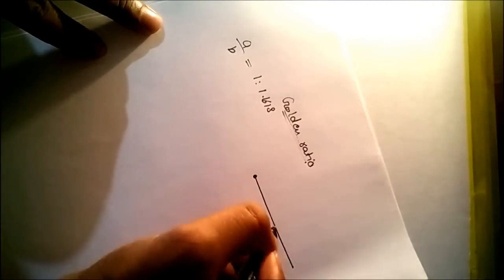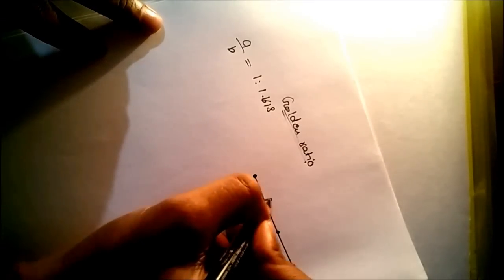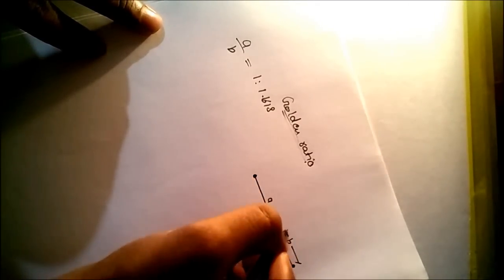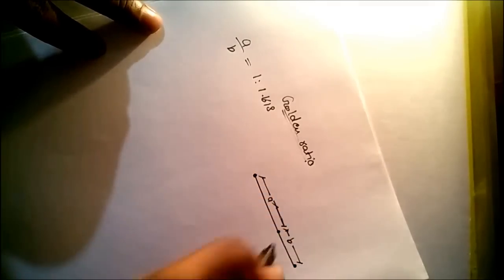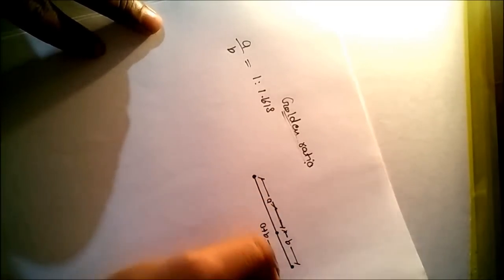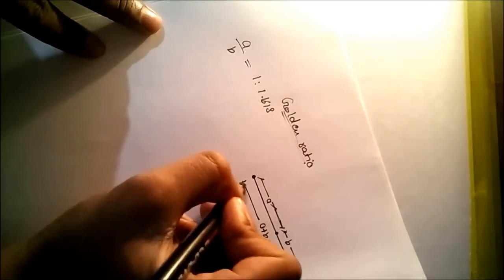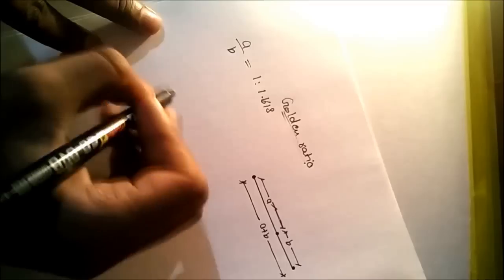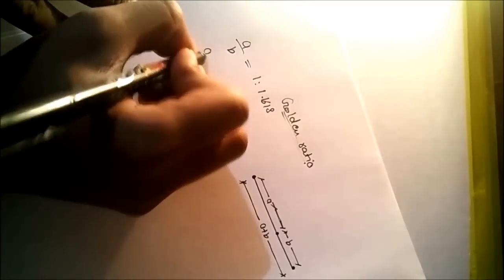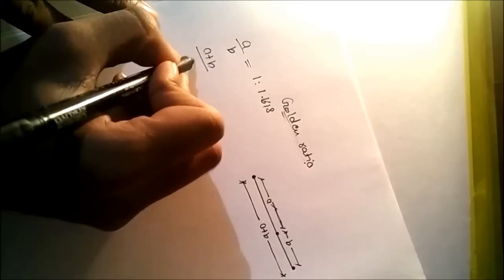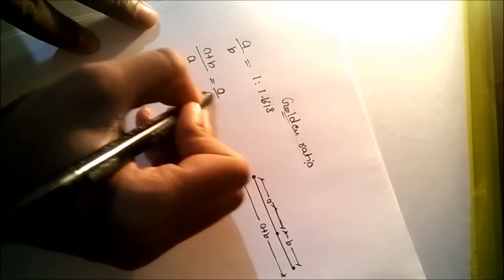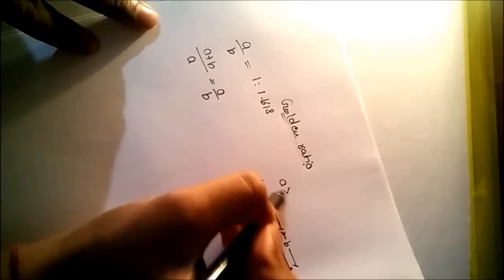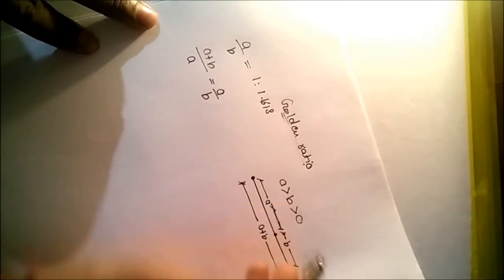If it's A, if it's B, and it's A plus B. According to golden ratio, if we divide A plus B upon A, it should be equal to A by B. It is given that A is greater than B and is also greater than 0.